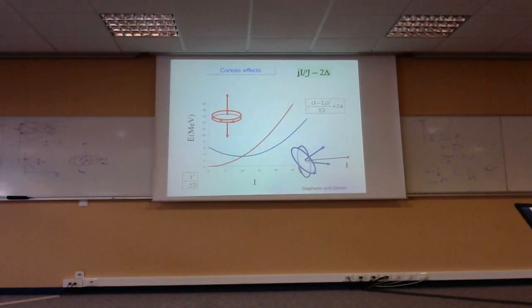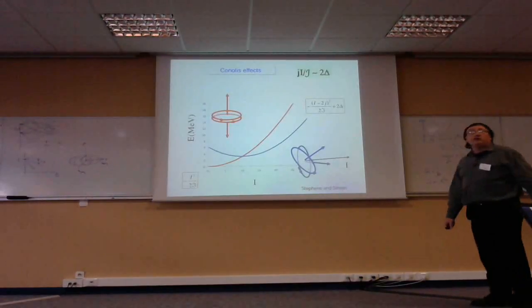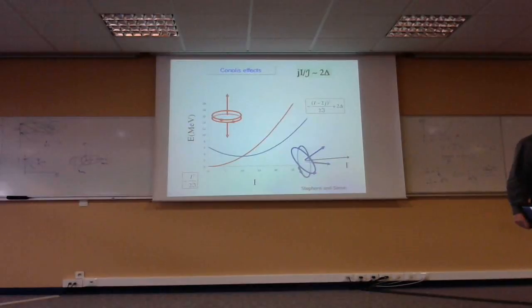But because of the structure of the single particle, some particles are better than others, and the so-called Stephens-Simon mechanism takes on. And what you see is an alignment of one pair.